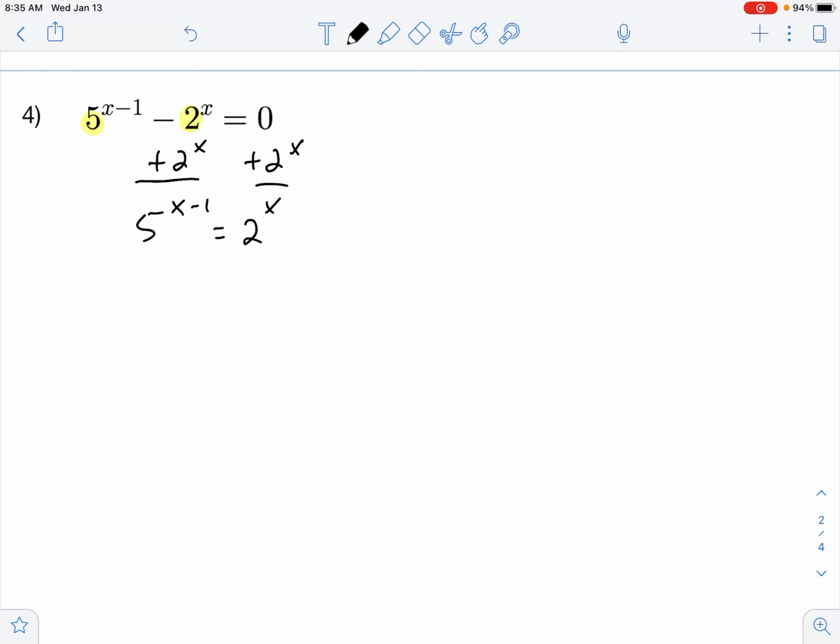Or I can just choose, let's just say generic, like log base 10 to both sides, which would not get rid of any of these exponents, but I could isolate it. So again, it really depends on how you see this problem. So what I'm going to do is I'm going to go ahead and do log base 5 to both sides.